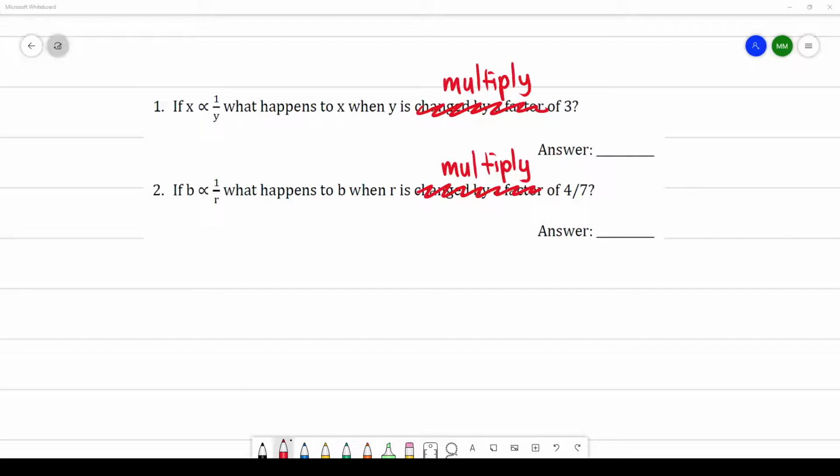Yeah, I will say the first one is right. So the first one is multiply by 1/3 or divide by 3. And I want you to recognize that they are the same thing. Because whenever you divide something, that's the same thing as multiplying by 1 over that number.